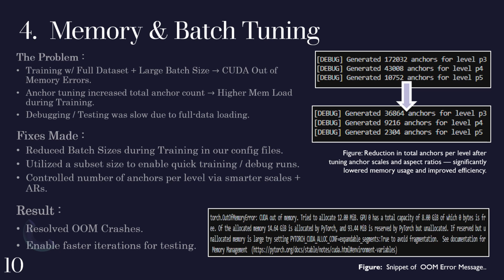To fix this, it was relatively simple, but we definitely overlooked it. We reduced our batch sizes, and we also introduced a subset config that allows us to run a smaller number of images that we choose to set, like 100 images versus the full dataset, which was around 8,000. We also retuned our anchor sizes and aspect ratios to limit the number of anchors per level. This not only fixed our memory crashes, but made our training much faster.